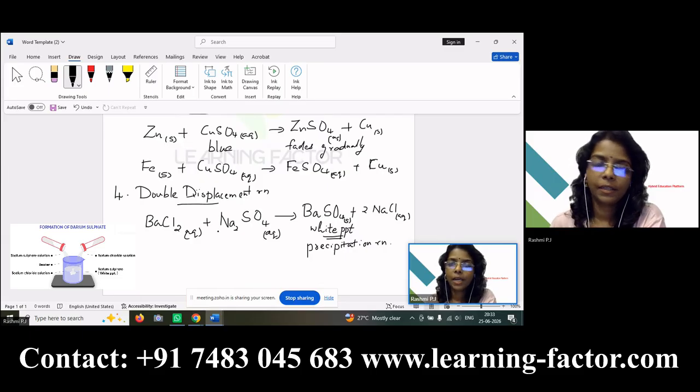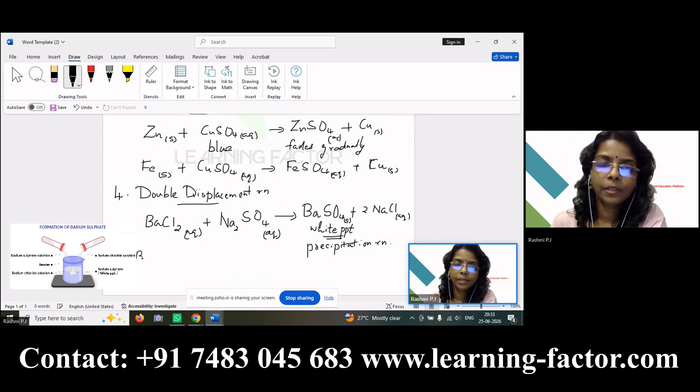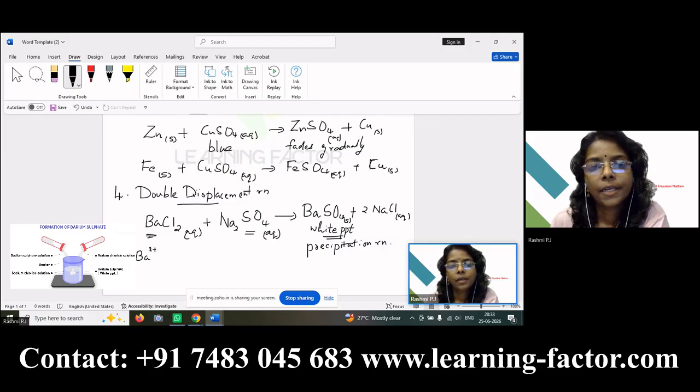Here ions are exchanged. Which ions are exchanged here? Barium and sulfate ions. Ba2 plus ion from barium chloride, and from the other reactant, sodium sulfate, the sulfate ion, SO4 2 minus.